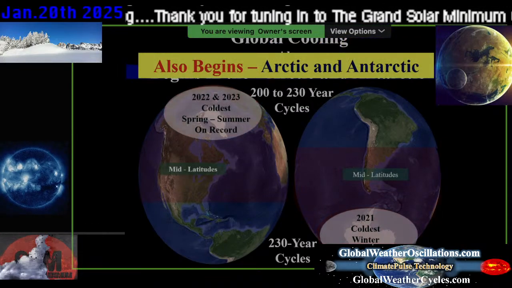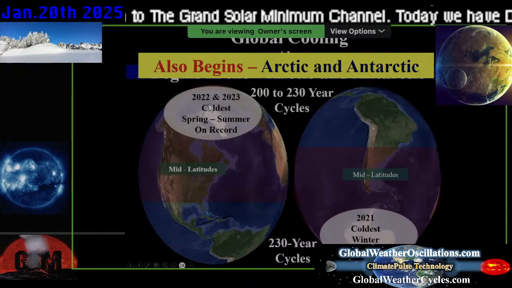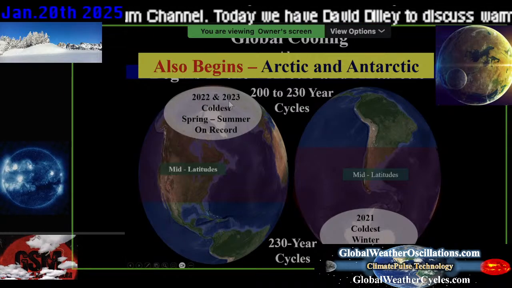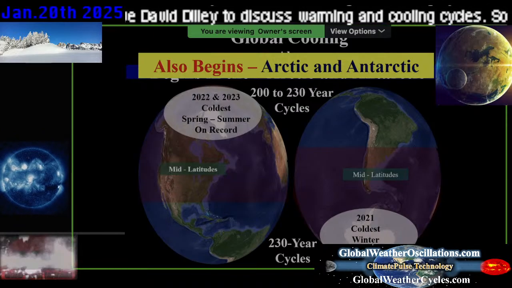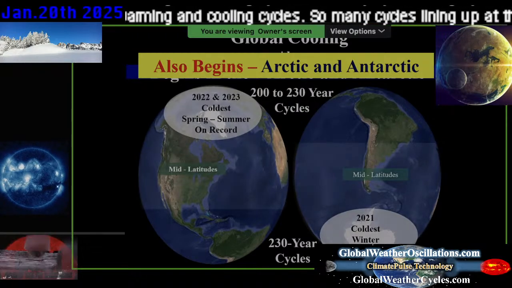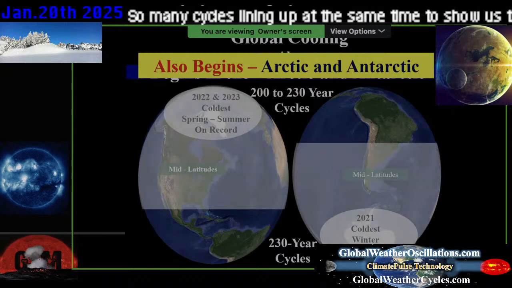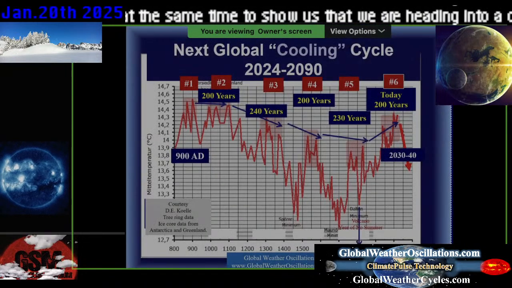Well, global cooling also begins in the Arctic. 2022, 2023, coldest spring and summer on record in the Arctic. We're going to see that again next winter. So the Arctic will be cooling down, and that will help to cool down the mid-latitudes. And that in conjunction with the cooler oceans coming in 2030, you're going to have global cooling.